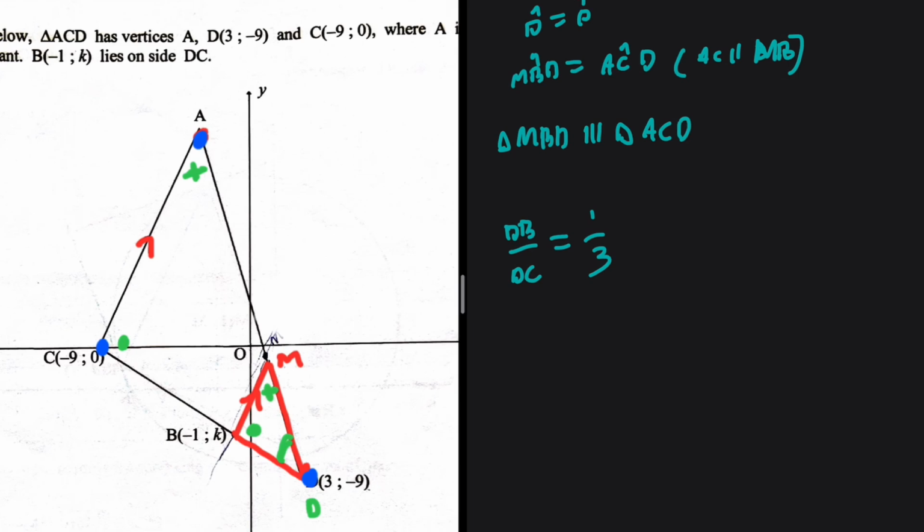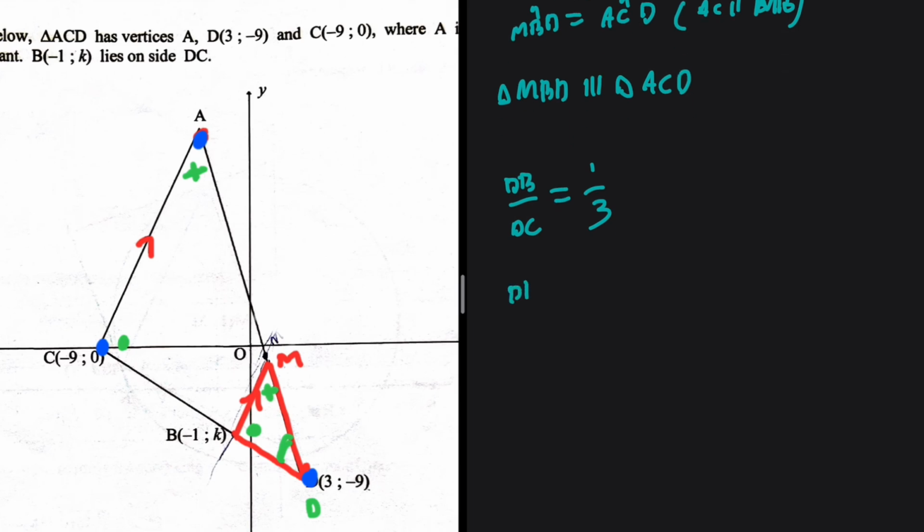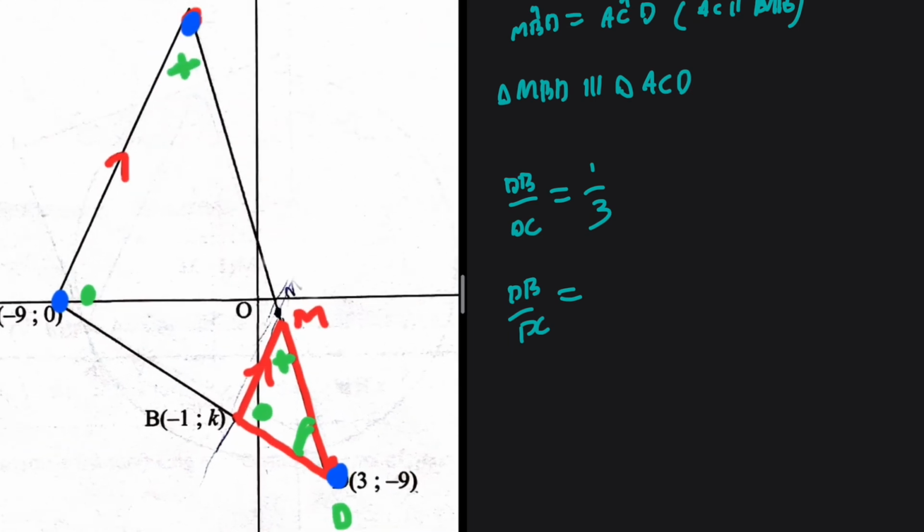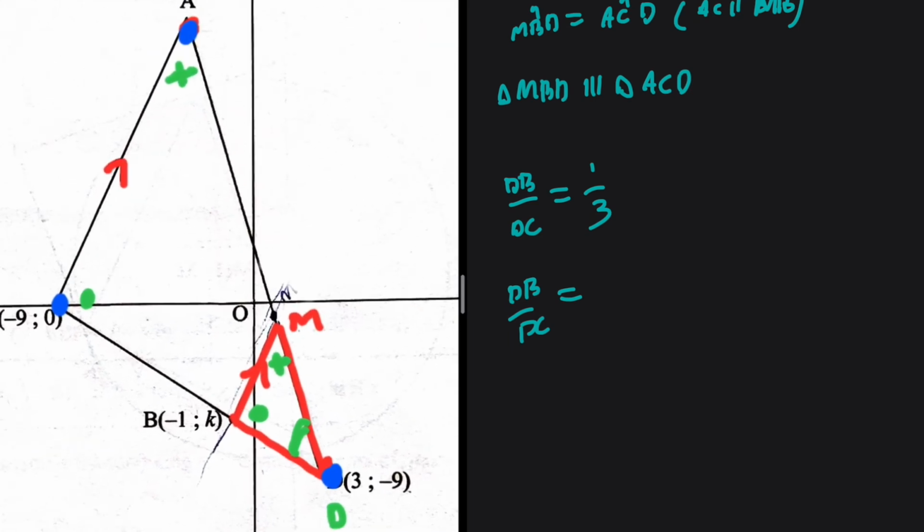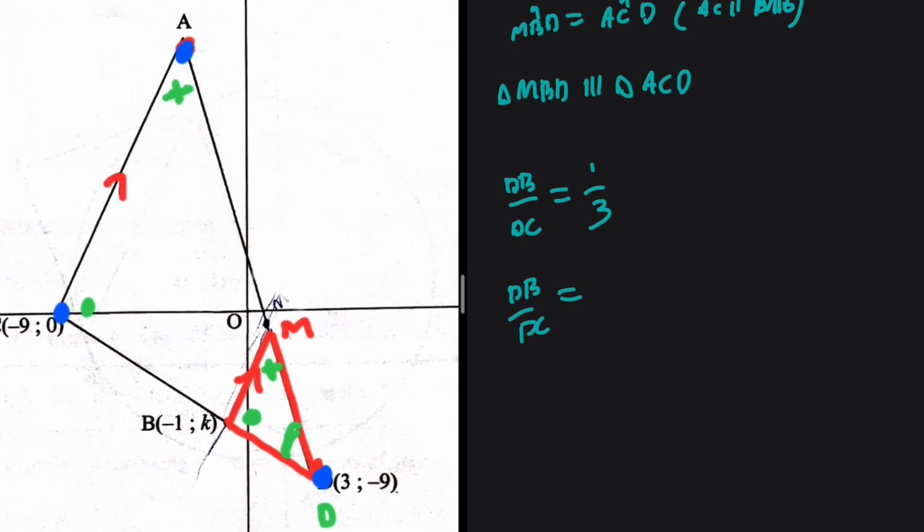So DB over DC should be equal to, let's pick any other side, DM over DA, right?